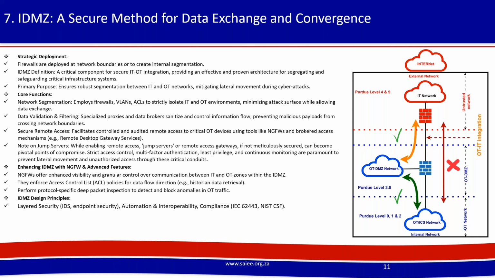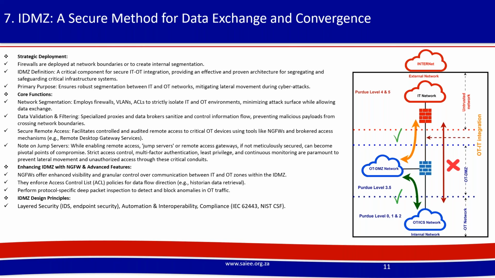The Industrial DMZ acts as a neutral zone, ensuring that even if one side is compromised, the other remains isolated. And this can then mitigate the risk of lateral movement of threats.